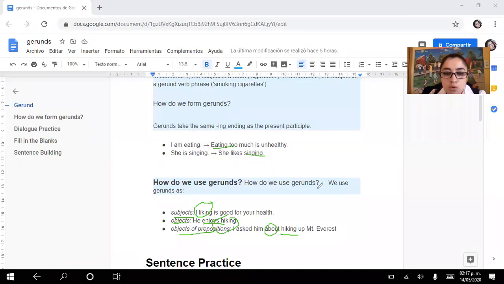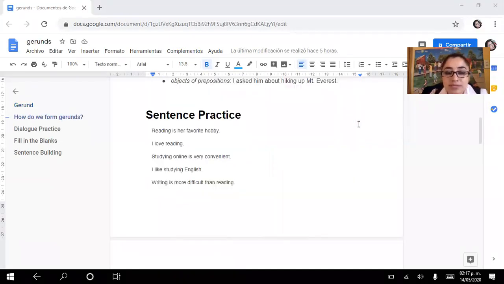Then we practiced with these sentences. The first thing that we had to do was identify gerunds in each sentence. For example, reading, I love reading, studying, and writing. And then you have to say if the gerund is a subject, object, or object of a preposition.